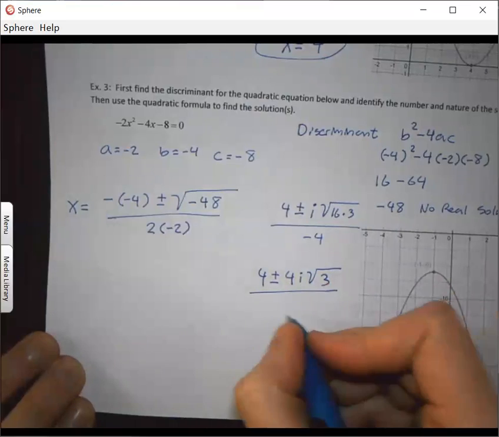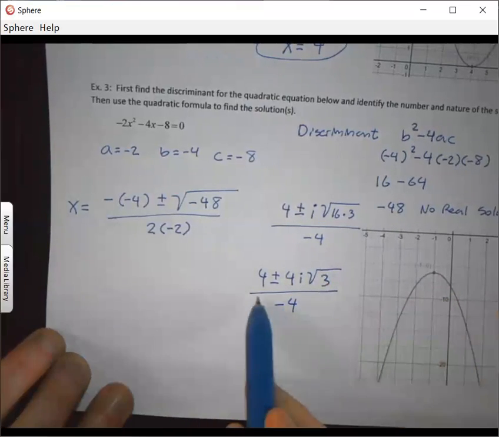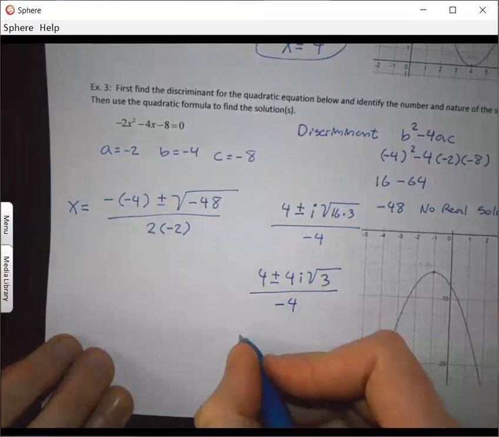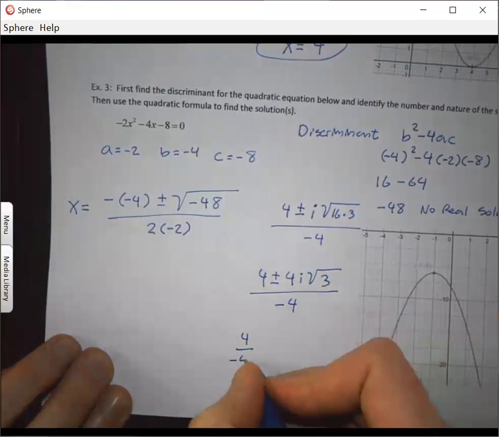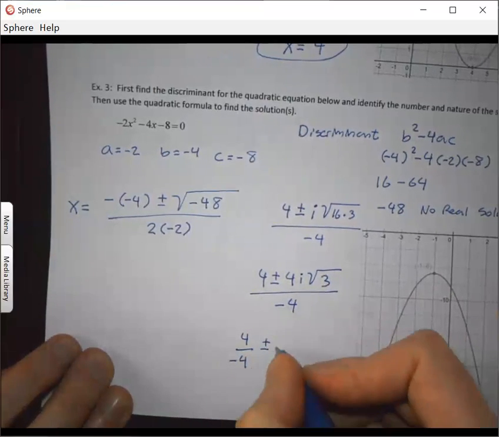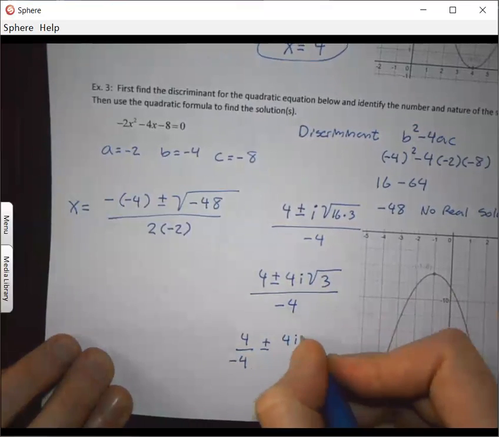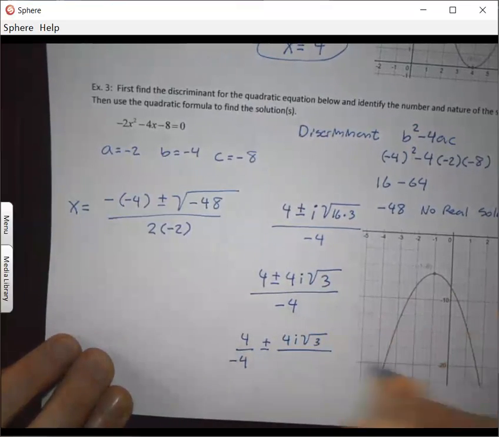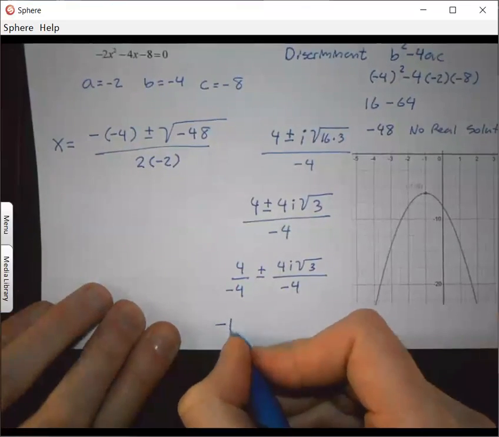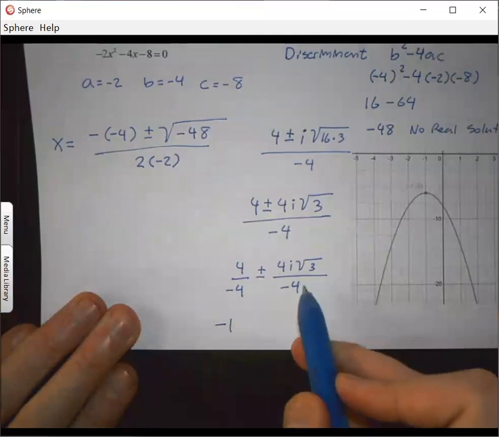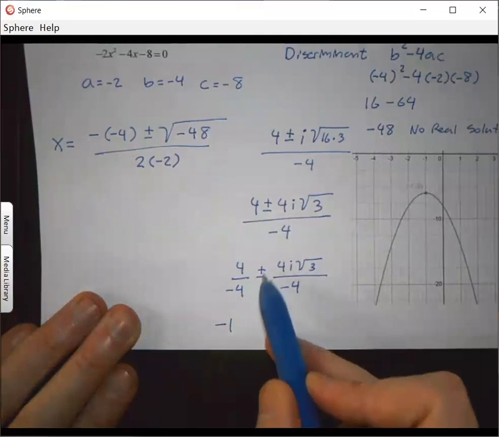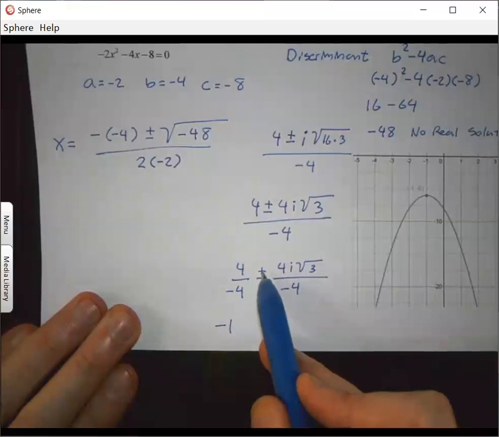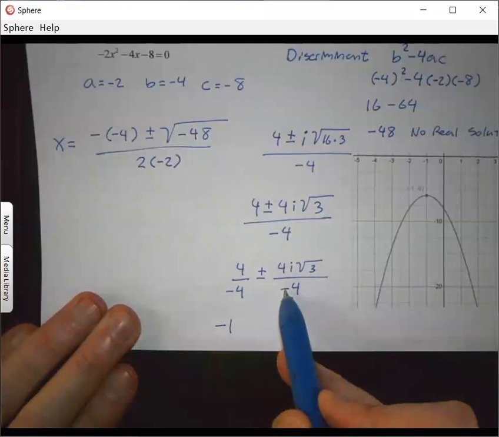Then I can split this up to simplify. So 4 over minus 4 plus or minus 4i root 3 over minus 4. 4 divided by negative 4 is minus 1. This piece is a little strange, but we can think a positive and a negative make a negative, and a negative and a negative make a positive.